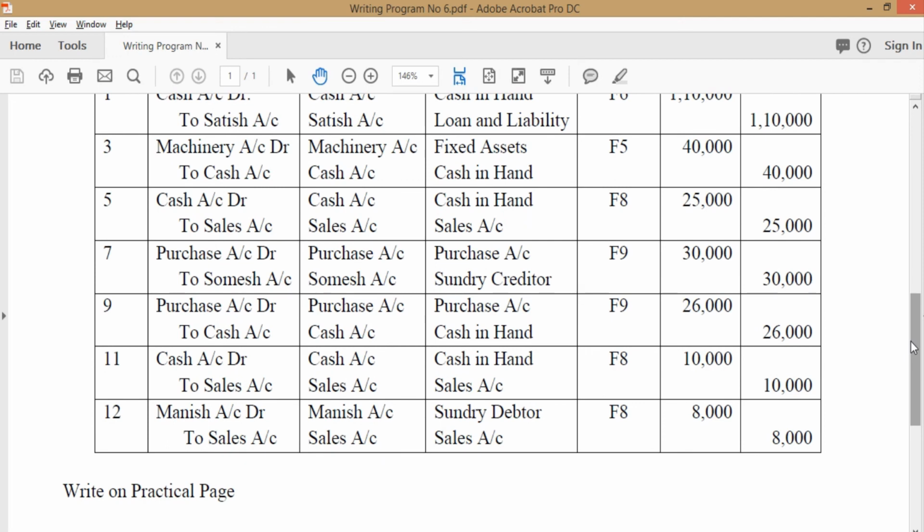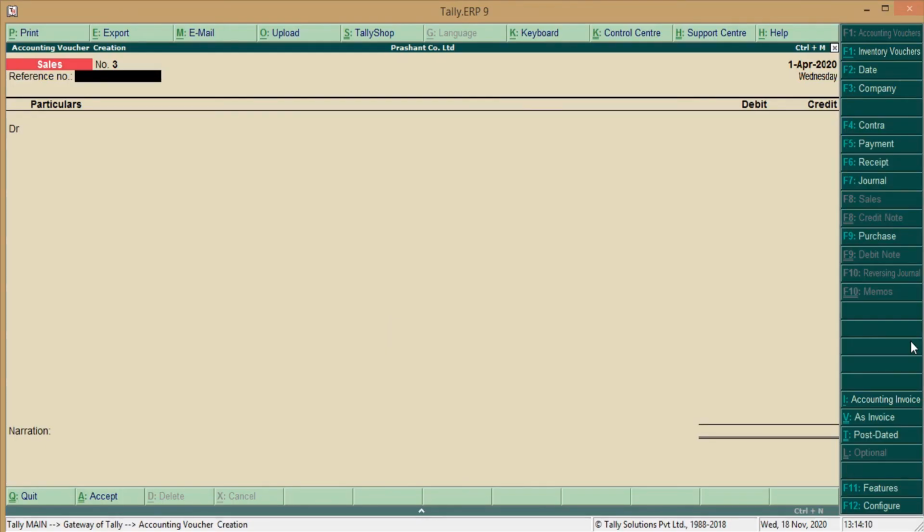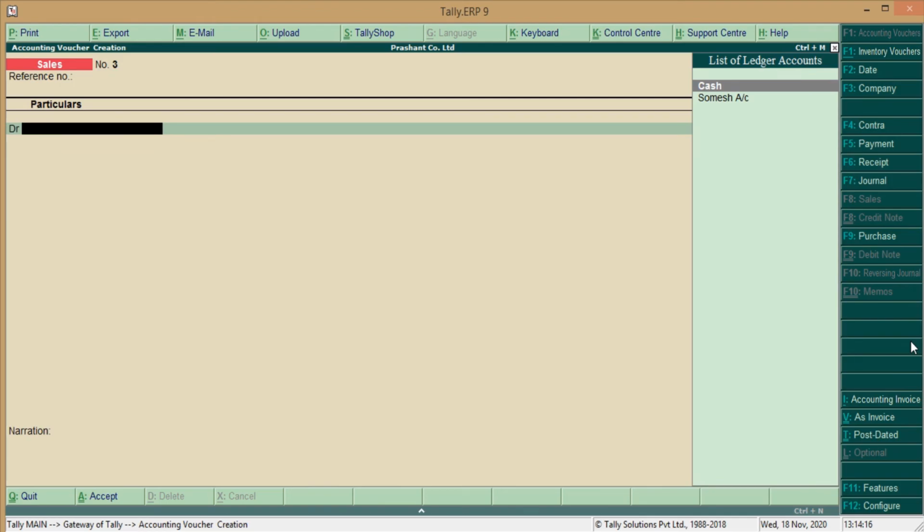The entry is Manish account debit to sales account. Manish is a customer, therefore a debtor for the company. So press F8 for sale, and who should be debited? Manish account.